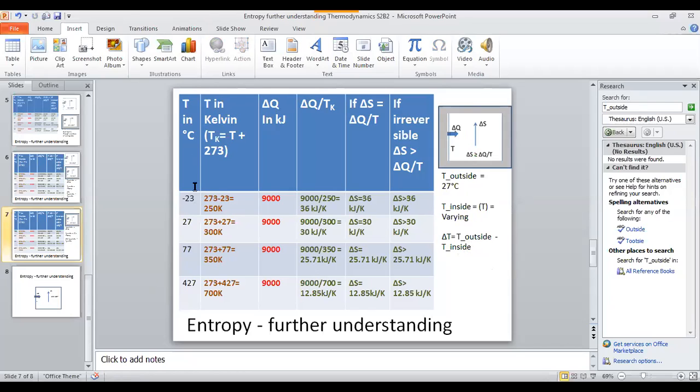This is very important. So now I'm changing T here in the table. Let's say I'm going to create the table, minus 23. The frozen temperature for ice cream is minus 18.